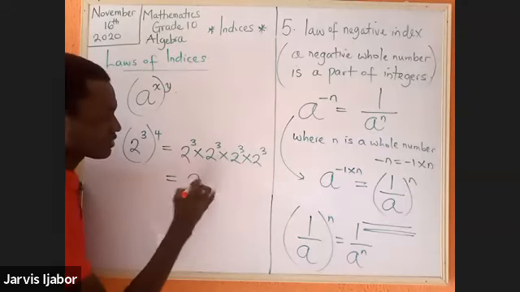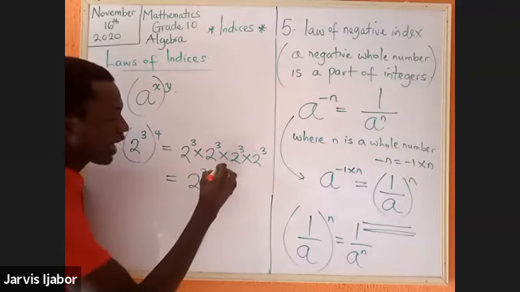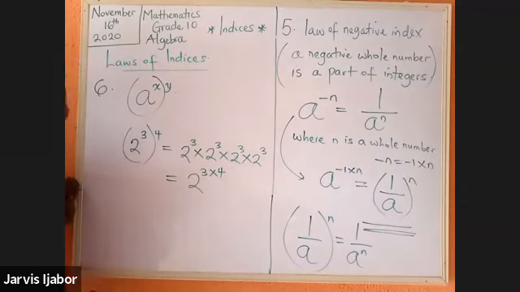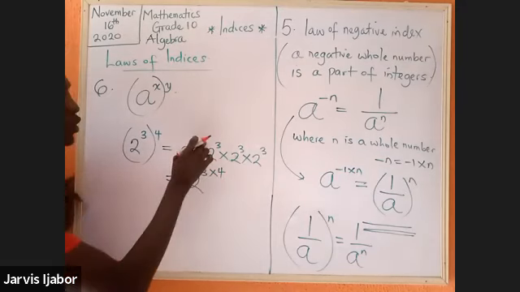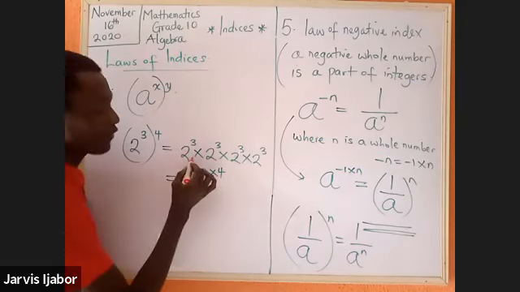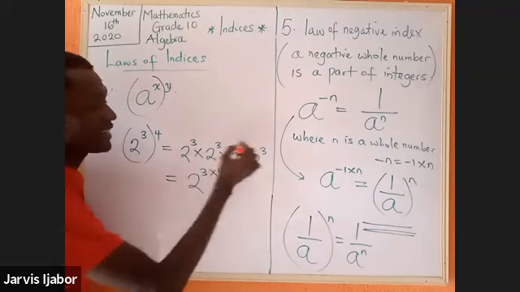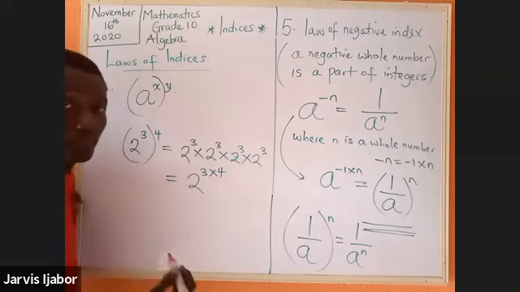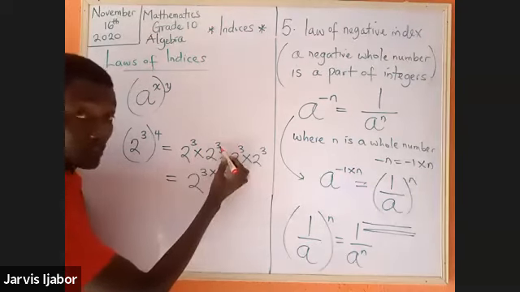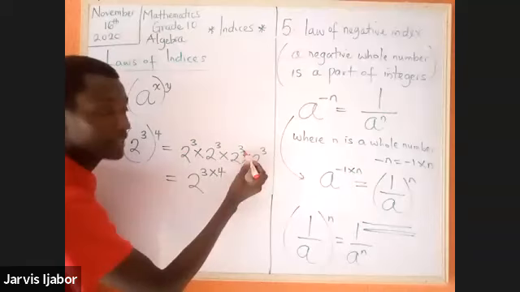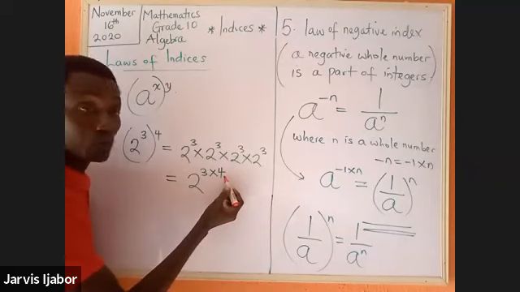So when I have a setup like this, it means multiply this one 4 times. Now, let's see whether what we have here will correspond with what you have here. We had said before that if you multiply bases, you are adding their indices, provided the bases are the same. So this will be 3 plus 3, 6, plus 3, 9, plus 3, 12. What is 3 times 4? That will be 12.